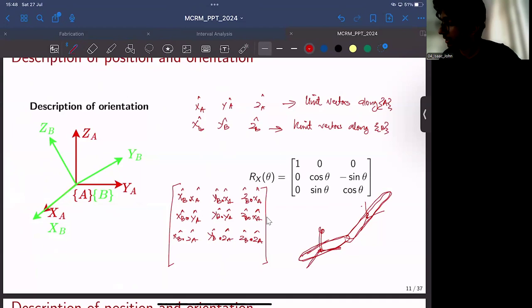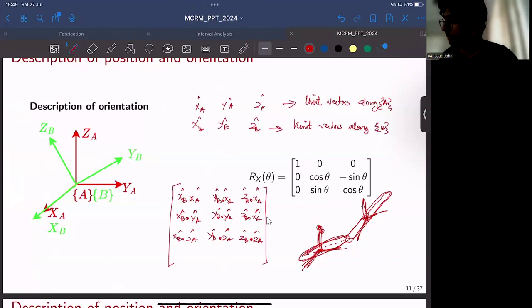If you know the position and orientation of the frame of reference, you can determine all the points of the rigid body because the frame is rigidly attached to that rigid body. So the mapping between the rigid bodies can be easily represented by mapping between the frames of reference attached to them.